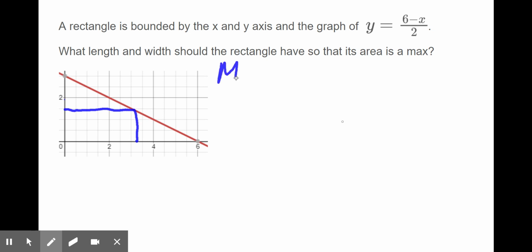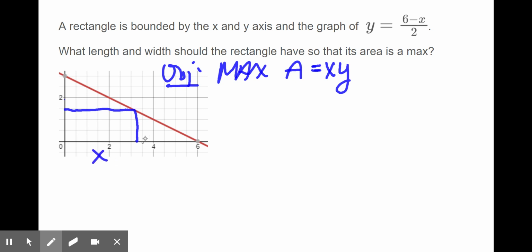So here's my objective. I want you to maximize the area of a rectangle. The area of this rectangle is just going to be x times y, because I go x units over and y units up.